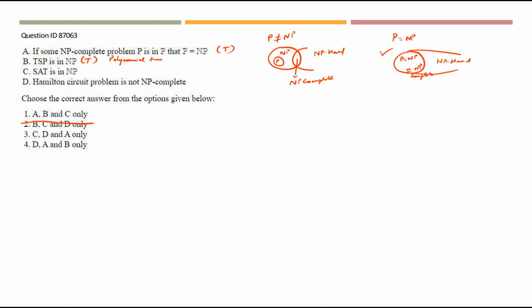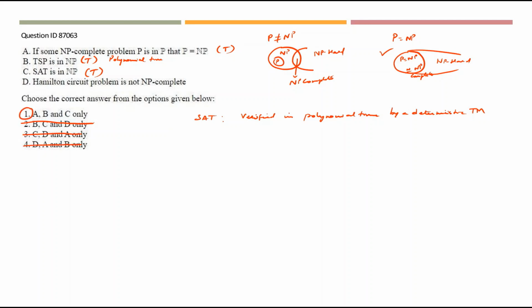SAT is also in NP because any assignment of Boolean values to Boolean variables that is claimed to satisfy a given expression can be verified in polynomial time by a deterministic Turing machine. So this is also true. A, B and C are true. They have given only 3 statement possibilities. So option number 1 will be the right answer.